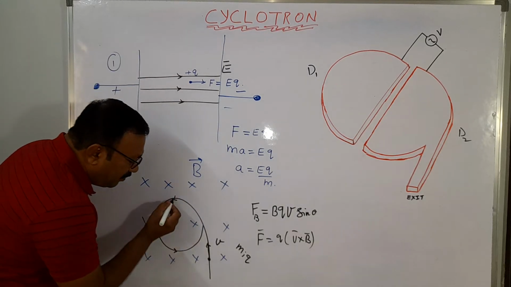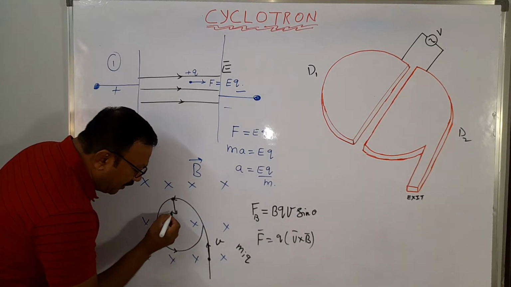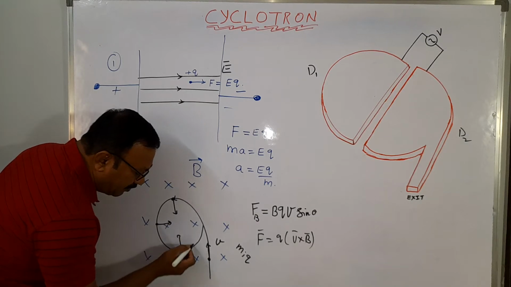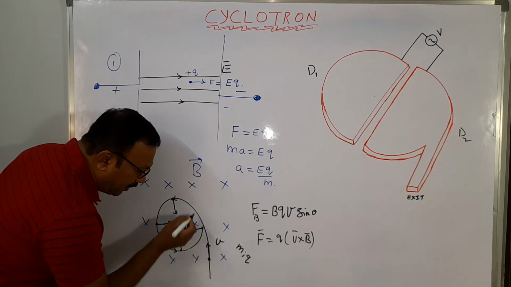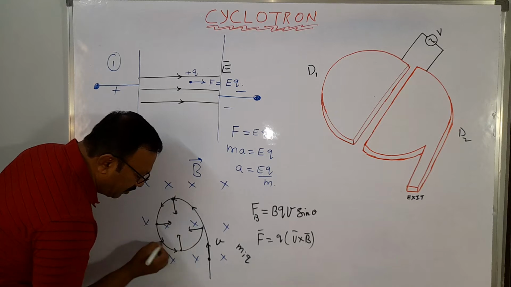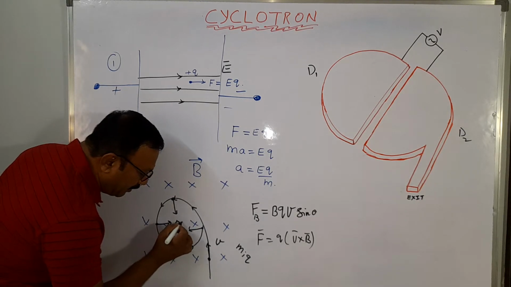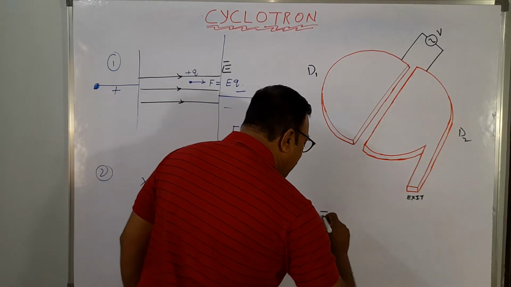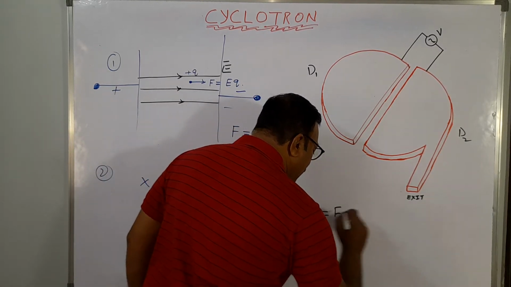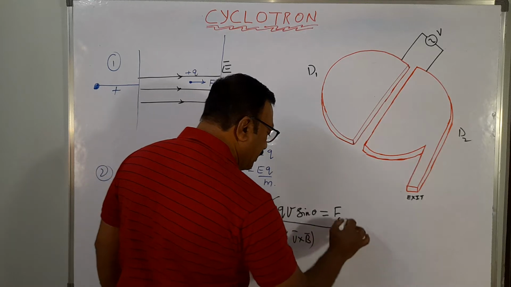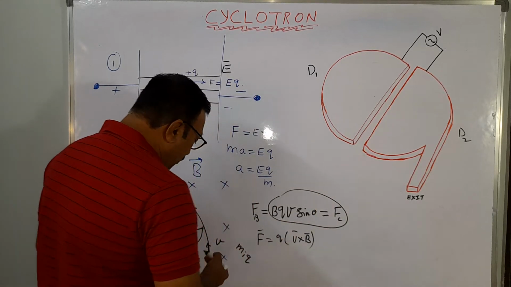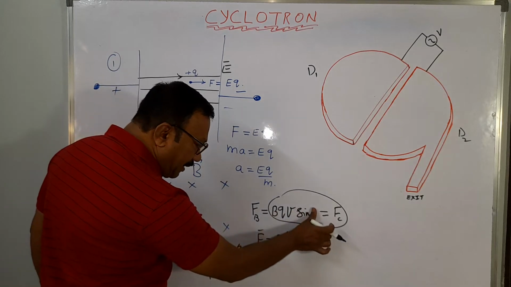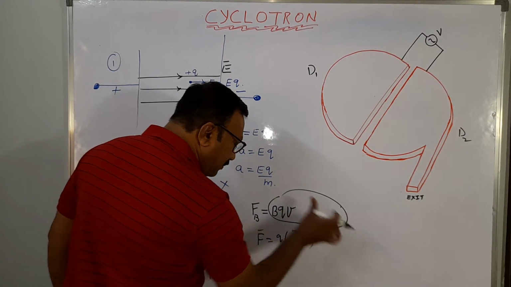Now, this force will always be acting towards the center. When a particle is making a circular motion, this force will be acting towards the center. And hence, I can equate this force to the centripetal force. Because the particle is entering perpendicular to the magnetic field, sine 90 is always equal to 1.